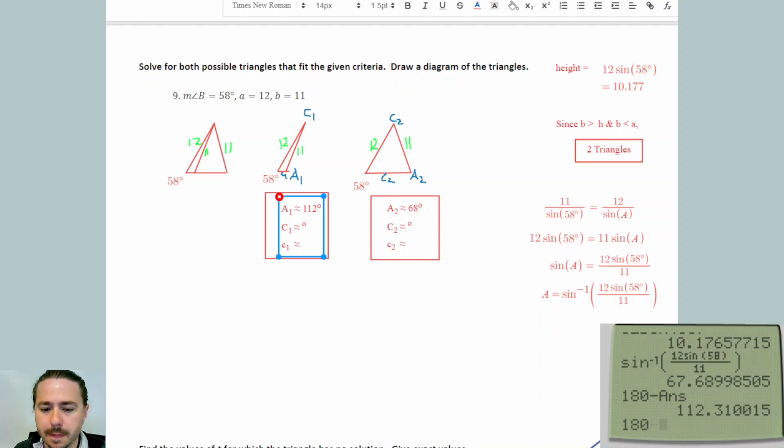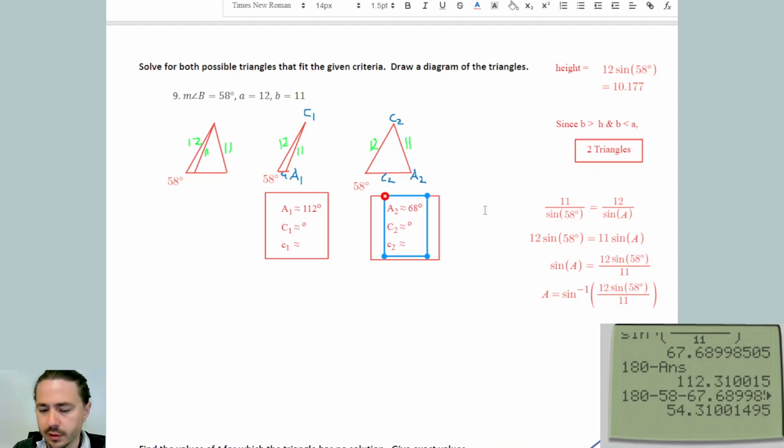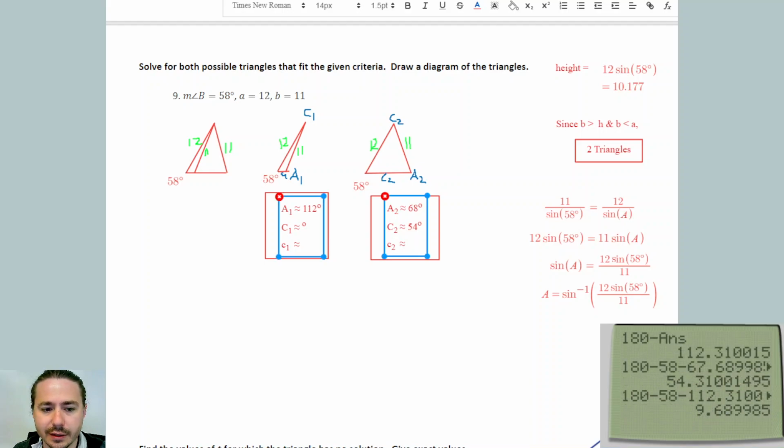So we'll do 180 minus 58 minus 68 degrees, the one we got first. So we get about 54. And for the other one, we have 180 minus 58 minus 112, and we get about 10 degrees.